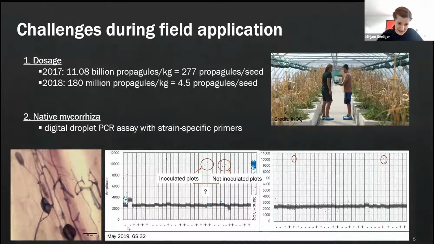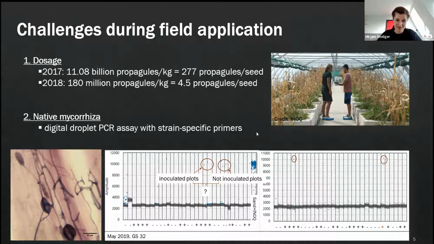All the ones with the plus were inoculated, all the ones with the minus were not inoculated. And usually you would expect nice positive clouds like you would see here in the sand and INOQ positive control. But the only signals that we got in these digital droplet PCR assays were some random lonely droplets. So you cannot really say that the inoculum established.